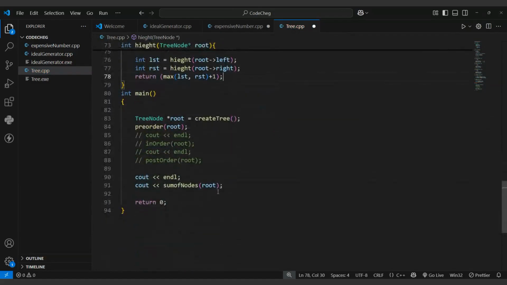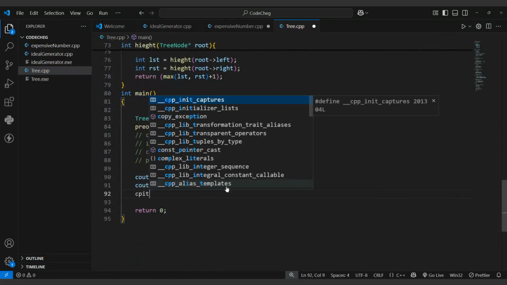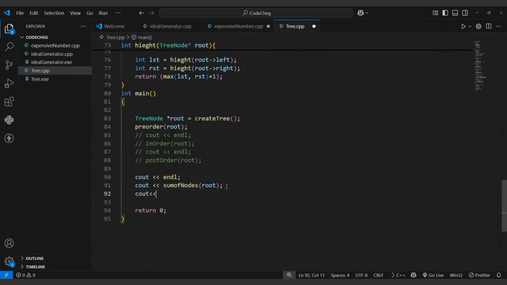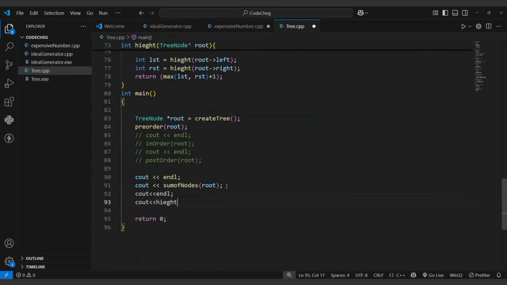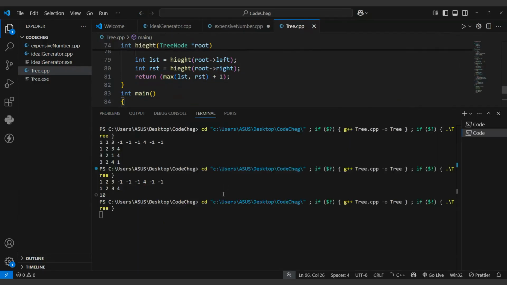And if we find the height of root, let's try to do this.